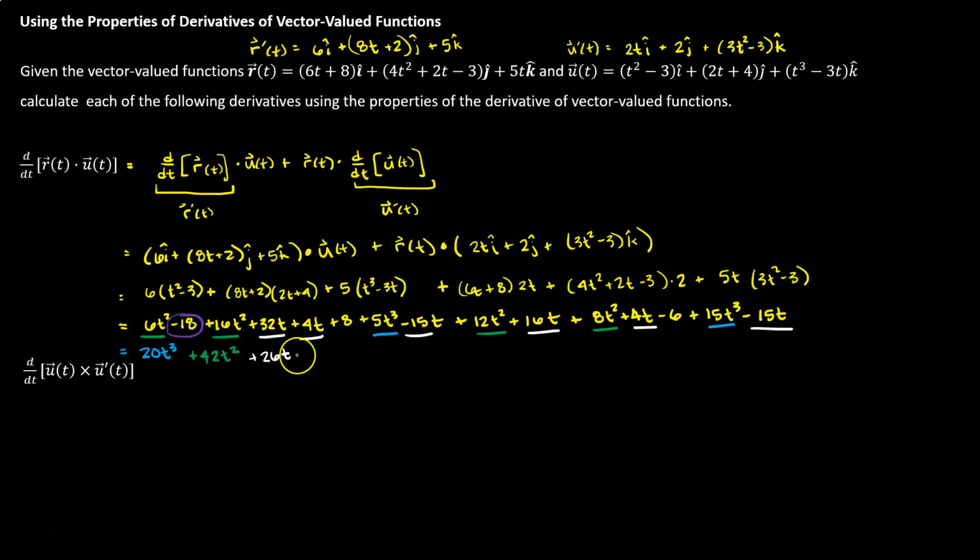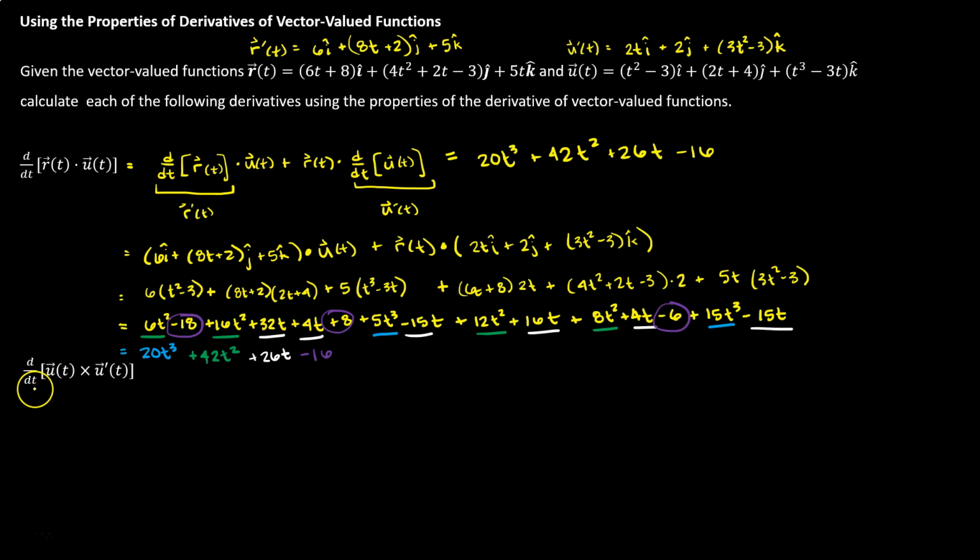So I have a negative 18, a positive 8, a negative 6, and that's it. So that leaves me negative 16. So if we wanted to, we could copy that answer up here at the top. 20t cubed plus 42t squared plus 26t minus 6.